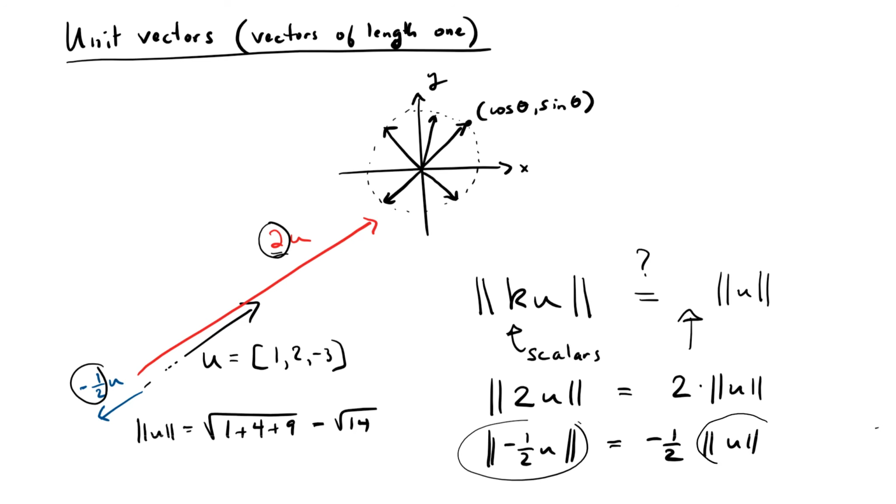This is a positive quantity because that's a length. So I can't multiply by a negative, because on the right hand side I have a negative times a positive. So what's the right quantity? It's not minus a half. How would I change this? Well, I think you got it, right? So it's plus a half I should put here, right? So this vector minus a half of u has the same length as the vector 1/2 of u. They have the same length, so it's 1/2 times the length of u.